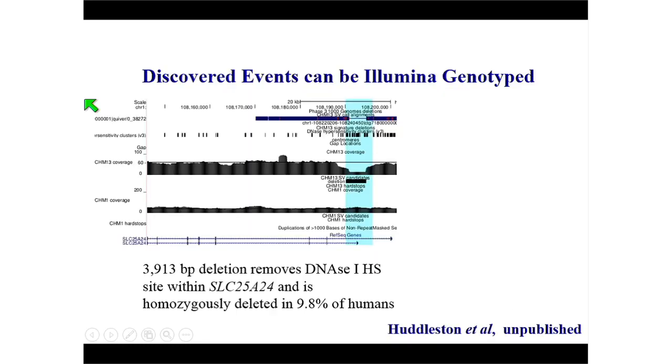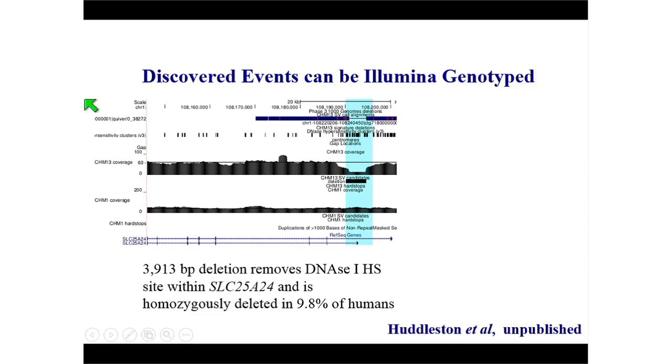So this is just showing you some data. These were events that were not discovered by Illumina sequencing, but can be genotyped. So they were discovered by PacBio and the sequence structure was resolved. What I'm showing you here is a deletion of 3,913 base pairs that removes a DNase hypersensitivity site, which we think corresponds to an alternate promoter of a gene called SLC25A24, and we estimate it is deleted in 9.8% of humans.